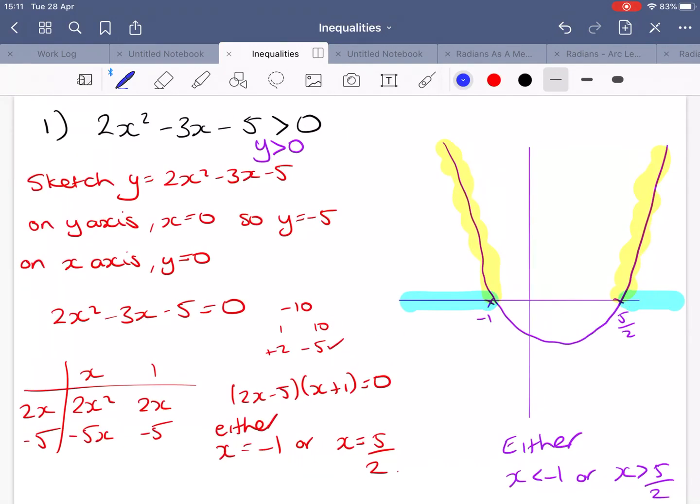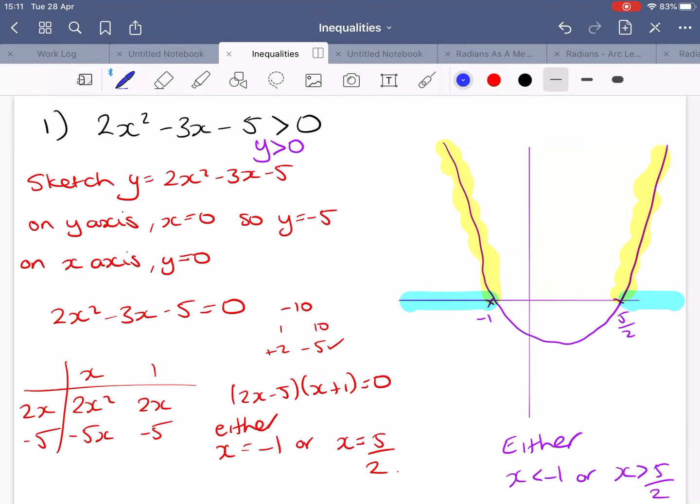Okay, so first one, again, got to do the sketch. So we've got to find where it crosses the y-axis, where it crosses the x-axis. And when we factorise, we end up with 2x minus 5 times x plus 1. So drawing our sketch, which is on the right-hand side, we've got -1 where it crosses the axes and 5/2.